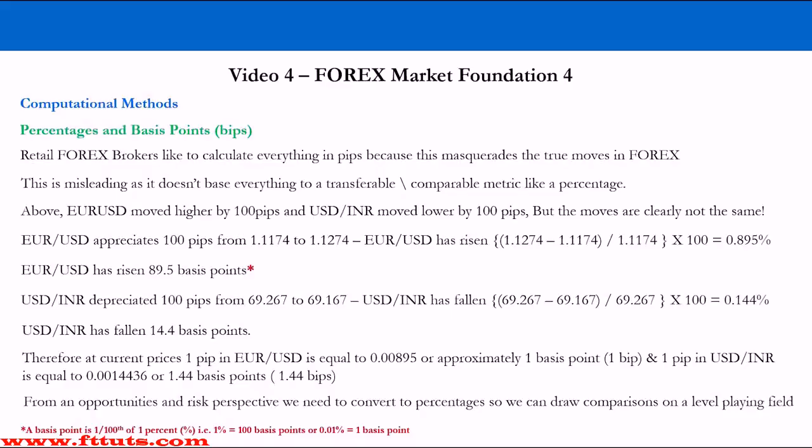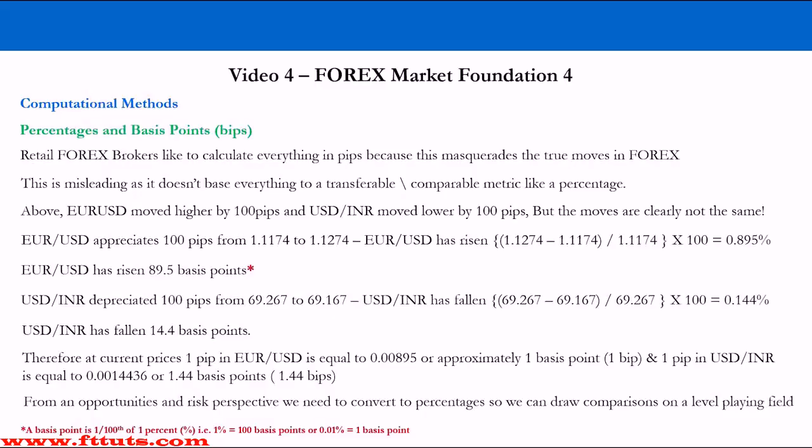If the euro dollar appreciates 100 pips in the example above, 100 pips in this example is actually equivalent to 0.895%. So if we work it out in percentage terms, we take 1.1274 minus 1.1174 divided by 1.1174 and then multiply by 100, we get the percentage move in the currency pair.